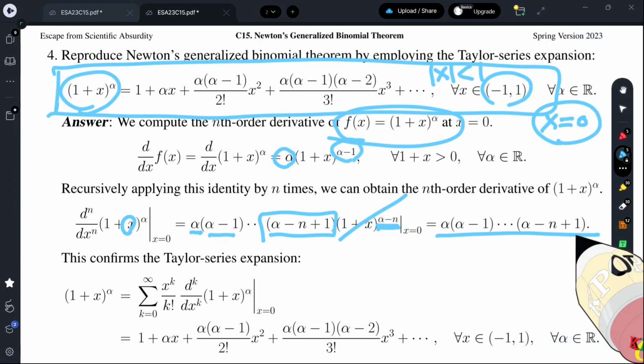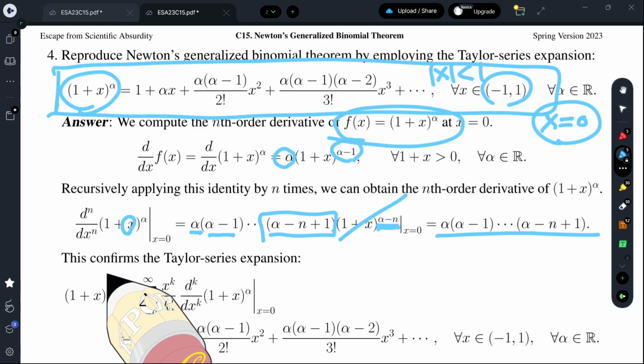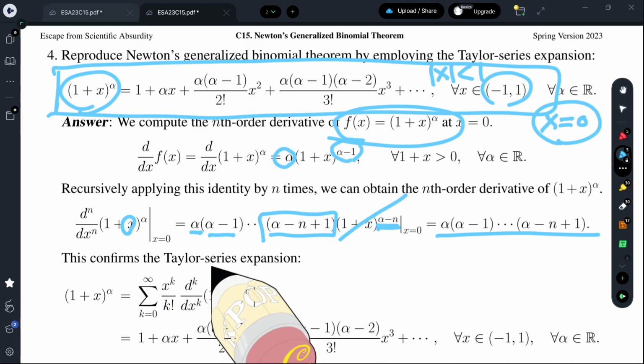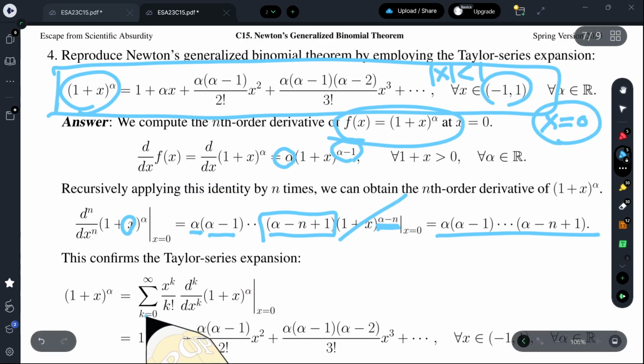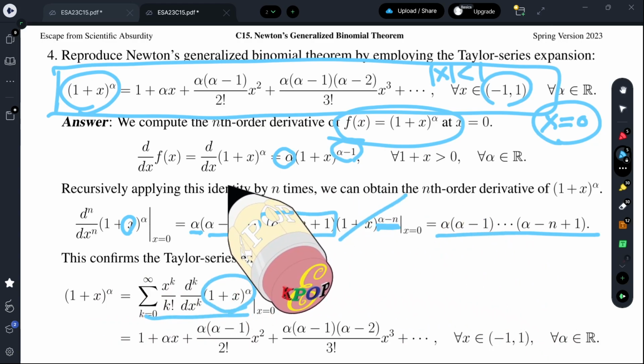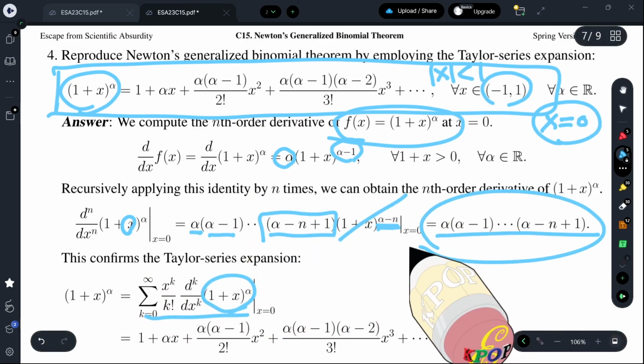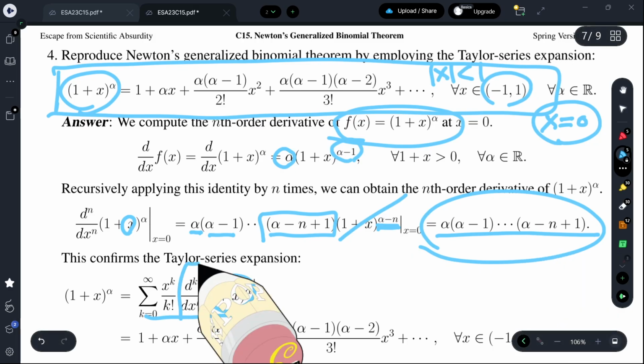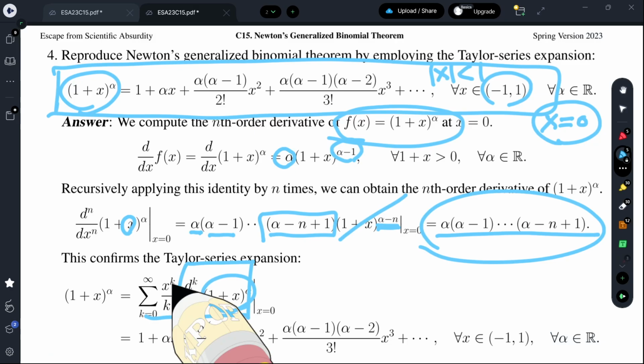According to the power series expansion that is consistent with the Taylor series expansion that we have obtained in the previous class, we can make a power series expansion of this about x equals 0. Using this derivative rule, I know what the derivatives are for any k.